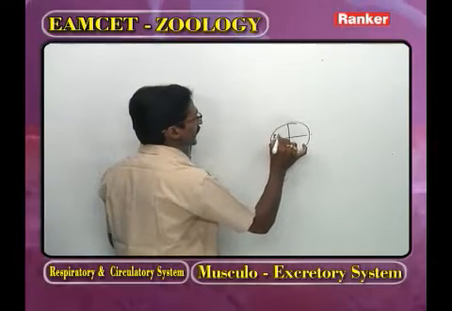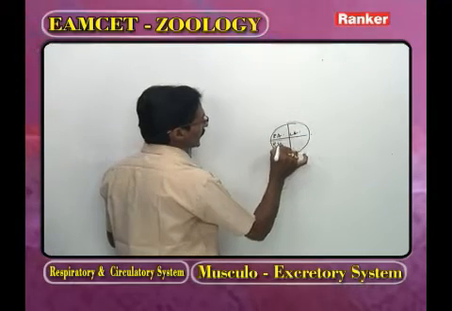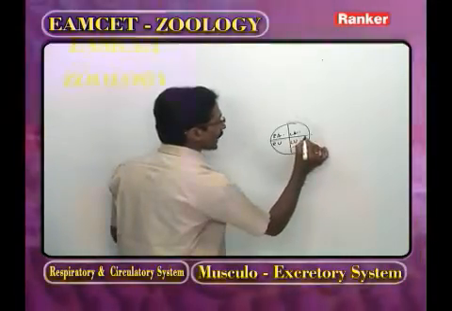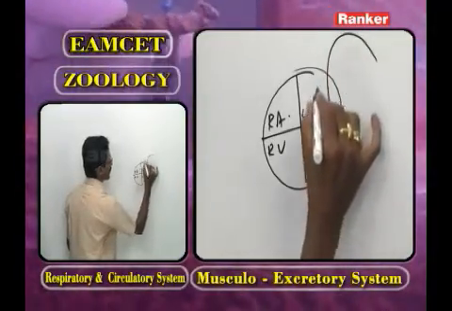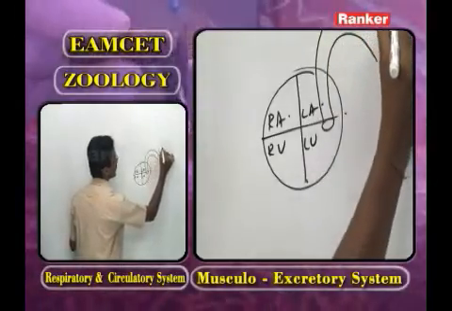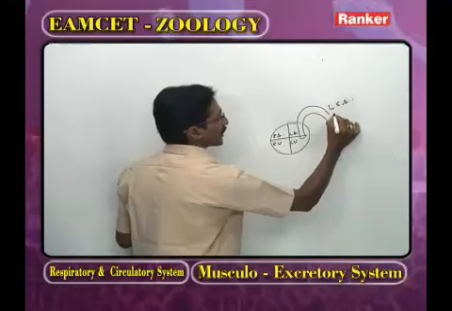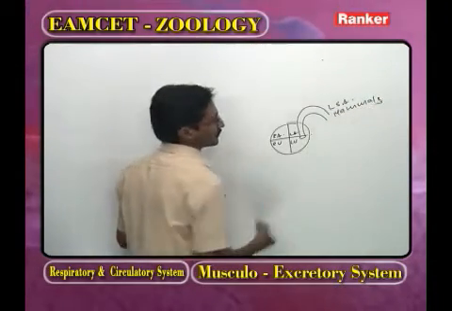This is the right atrium, this is the left atrium, right ventricle and left ventricle. From the anterior part of the left ventricle, the left systemic arch arises. This is the left systemic arch, present only in mammals.